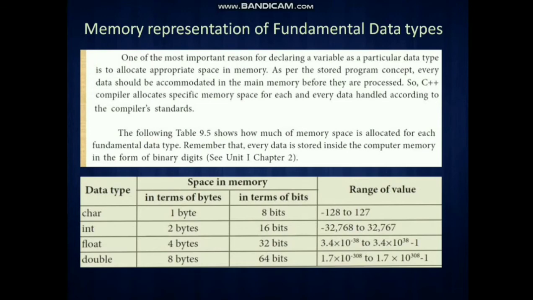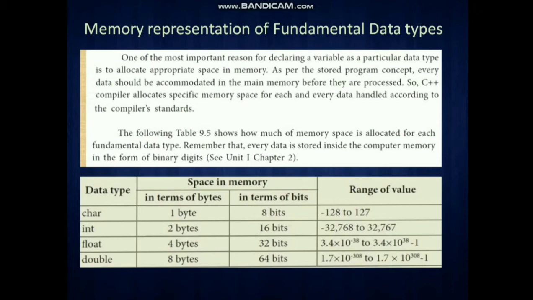Next one is the memory representation of fundamental data types. As I already told, memory representation is how the fundamental data types are represented in the computer's memory, and how memory is allocated to store variable values. That is the main part of programming.